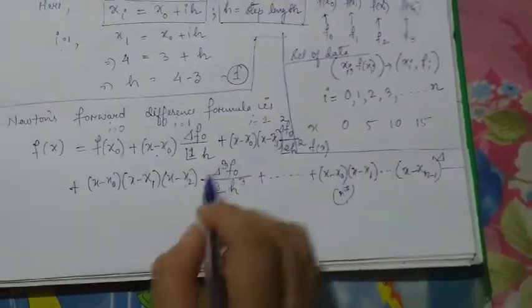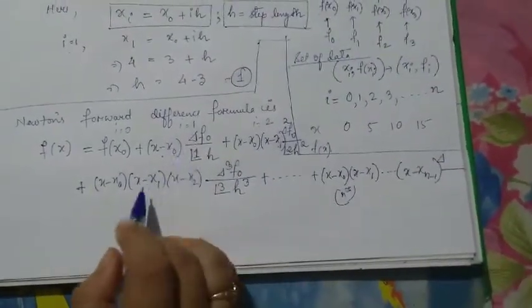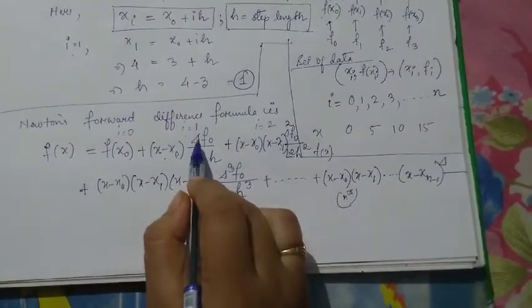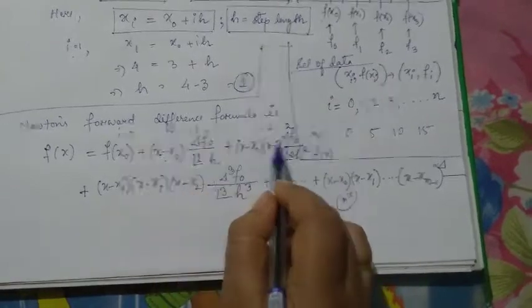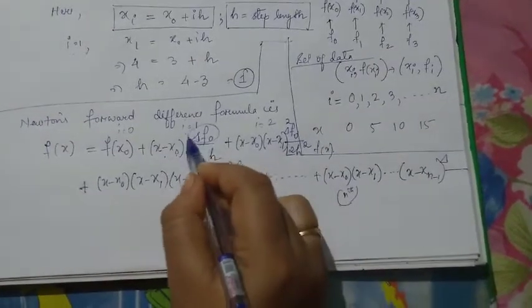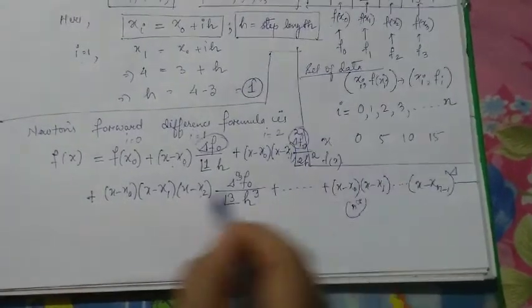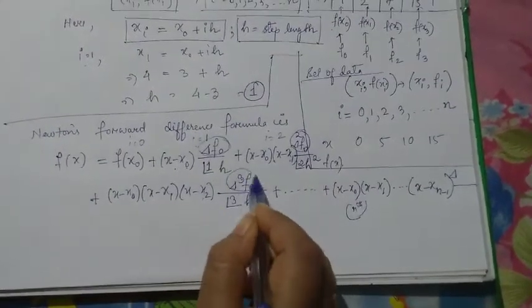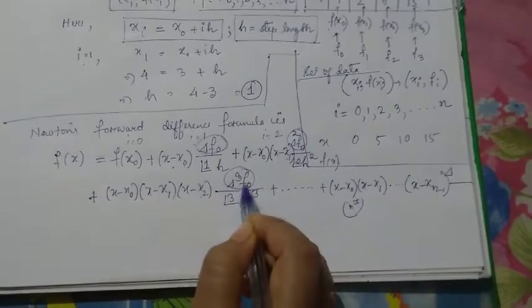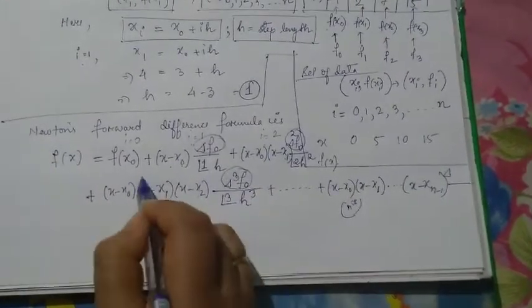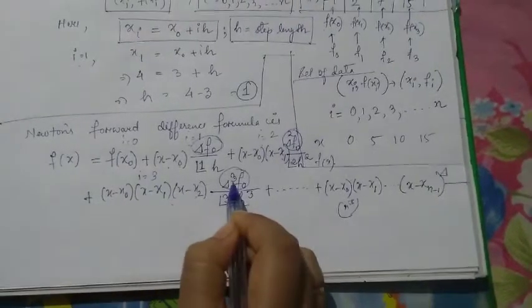For this, suppose this is i equal to 1, so this is del f0. I will tell you in detail what this is, don't worry. Similarly, I will tell you what del squared f0 is, and what del cube f0 is. For the second term it is 2, for the third, i equal to 3, it is 3.